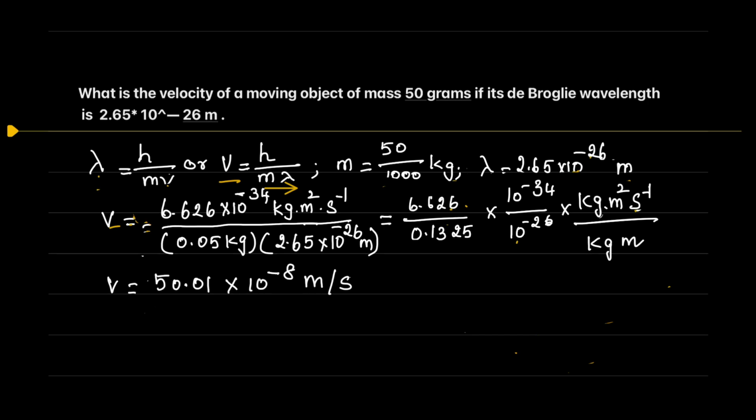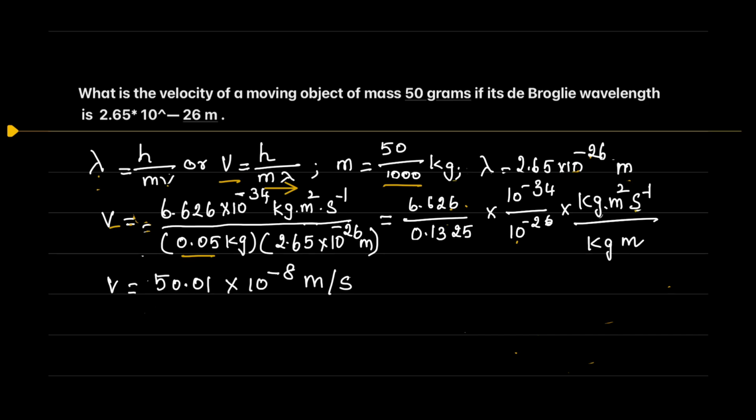We are choosing the unit kilogram meter squared per second divided by the mass m. m as given in the problem is 50 grams. When we convert it into kilograms, this will become 50 divided by 1000, which is also equal to 0.05 kilograms.